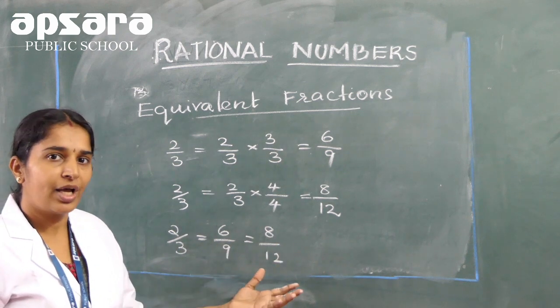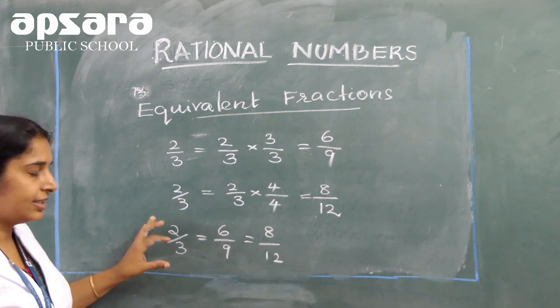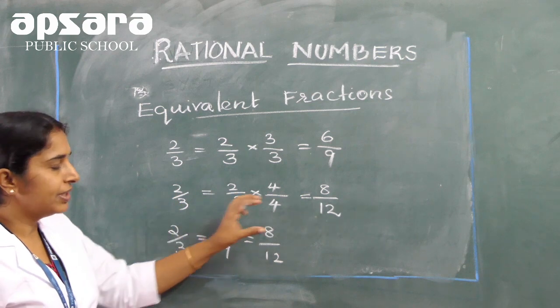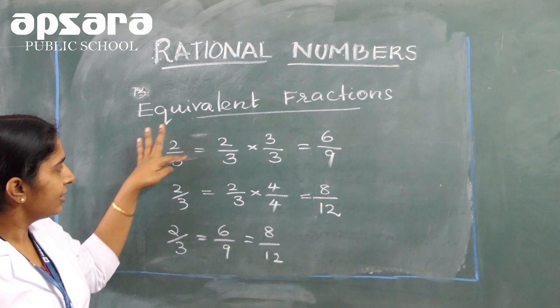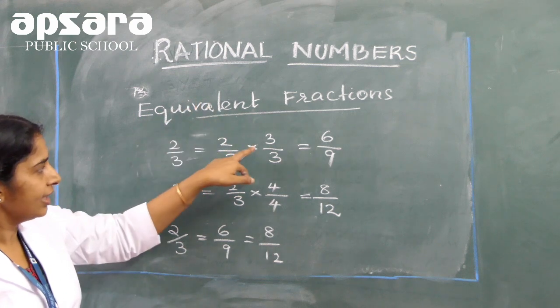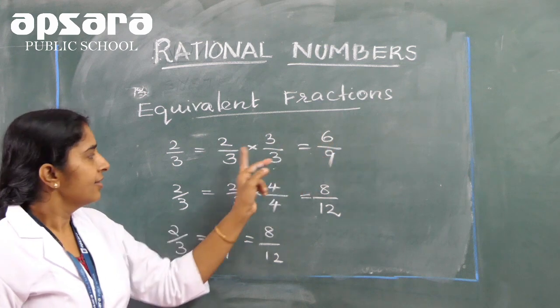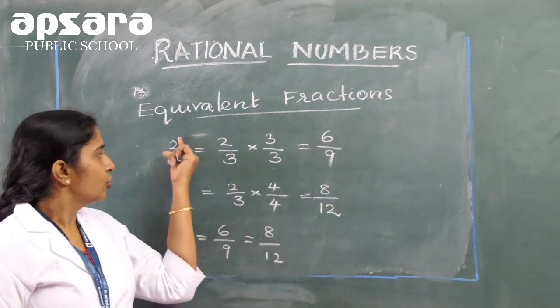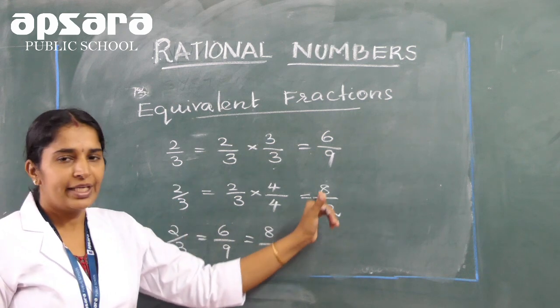How will you obtain equivalent fractions? By multiplying both the numerator and denominator by the same digit, you will be getting equivalent fractions. Just check this once again. 2 by 3 is equal to 2 by 3 into 3 by 3, which is 2 into 3 is 6, 3 into 3 is 9. So 2 by 3 is equal to 6 by 9. Here 2 by 3 is equal to 8 by 12.